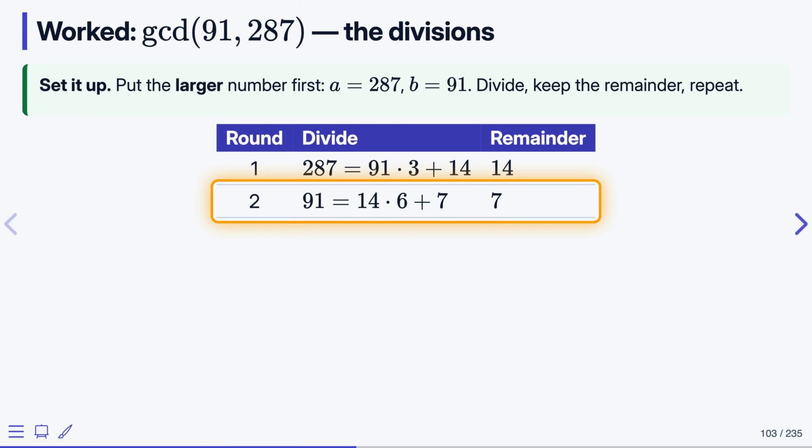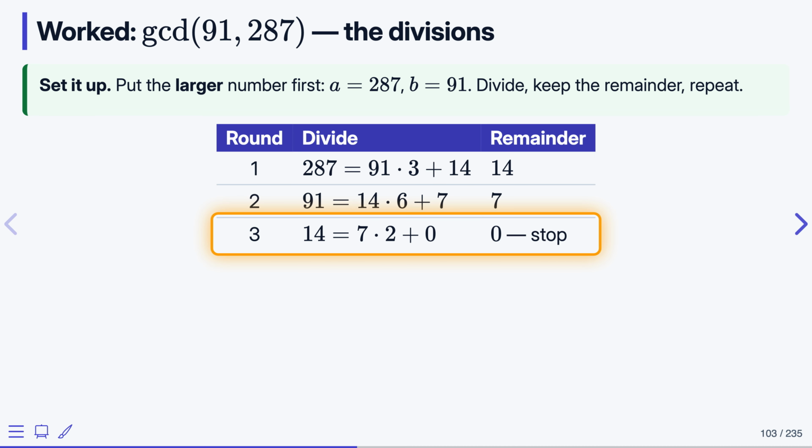The old divisor becomes the new dividend, and the remainder becomes the new divisor. So divide 91 by 14. 14 times 6 is 84, and the remainder is 7. Round 3. Divide 14 by 7. 7 times 2 is 14 exactly, so the remainder is 0. We stop.